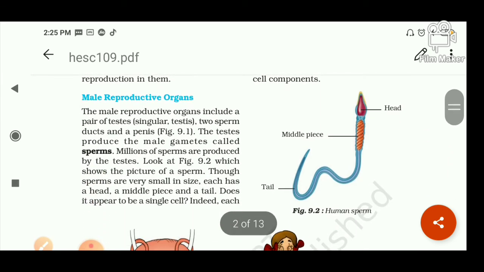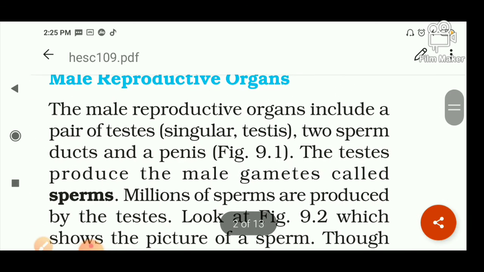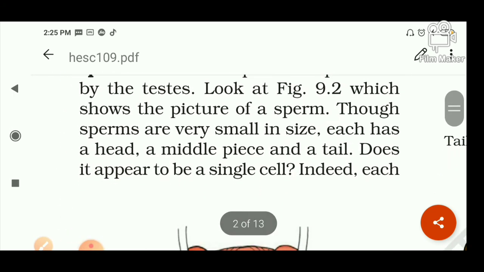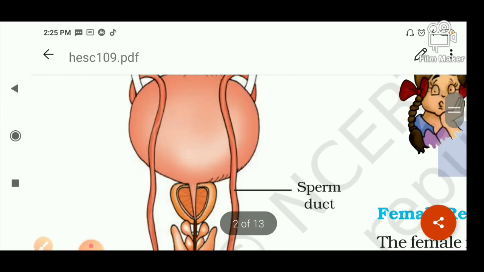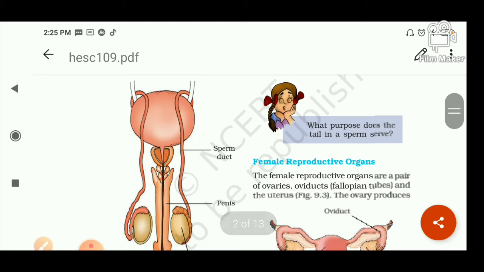Okay, let's discuss the male reproductive organ. You can see the male reproductive organ in the diagram, and I can explain it with the help of this diagram. Now the diagram is clear to you, right? The male gametes or sperms are produced in a pair of testes, right?